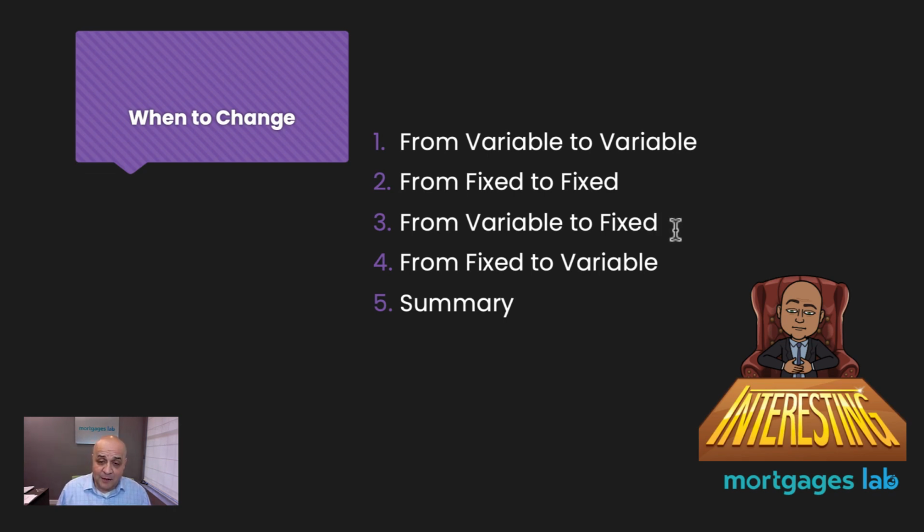Remember, I will keep saying over and over again, if you go from a variable to a fixed, later you cannot change from a fixed to a variable, most likely because the penalty is going to be so high that any savings will be wasted in the penalty.